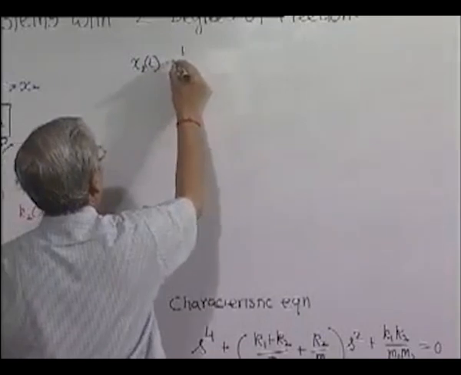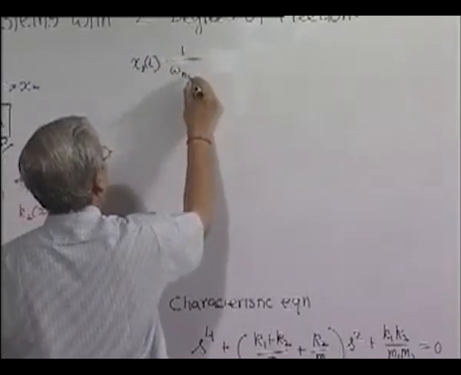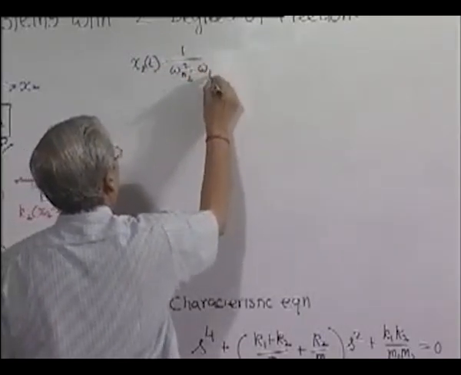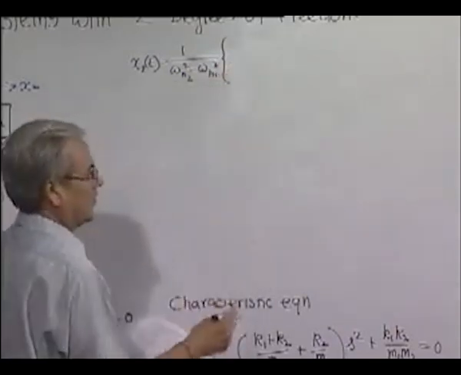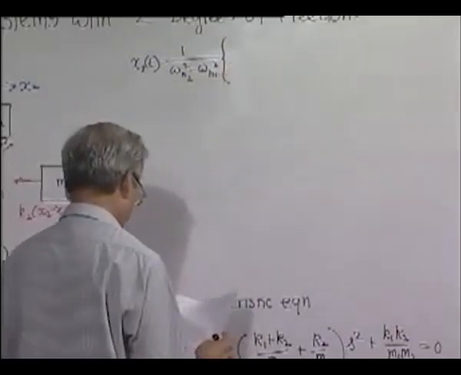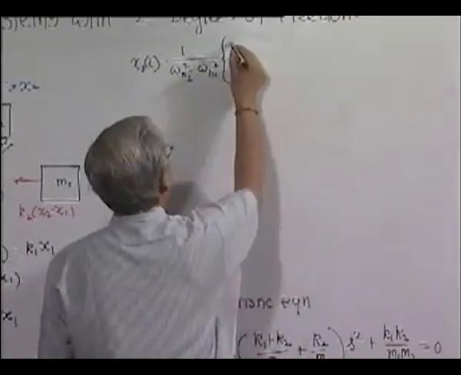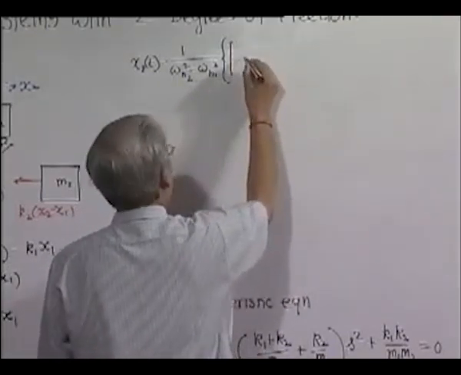So this is the solution for x1, and we will get a similar solution for x2. It will be required for us to write that, otherwise the points will not be clear.